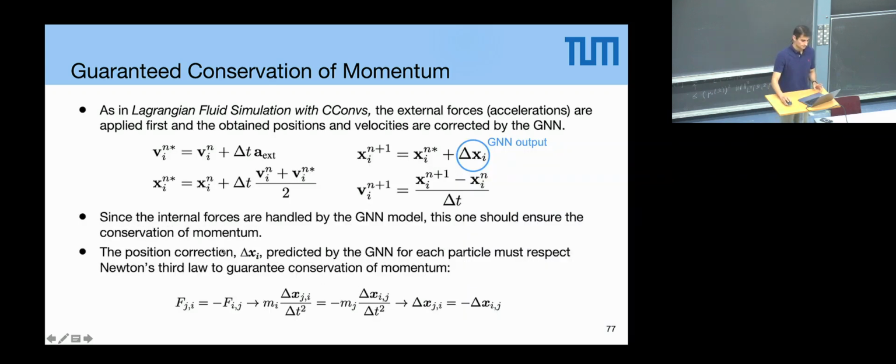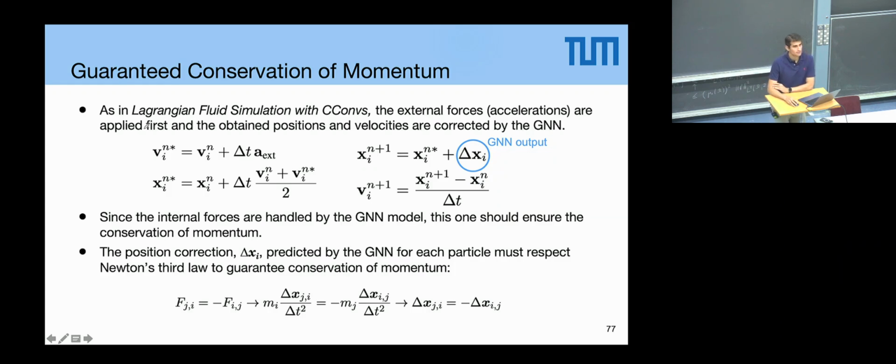So as in the previous paper from our group, we are decomposing the problem into first considering only external forces and then considering internal forces, and that's actually necessary for this method to work.